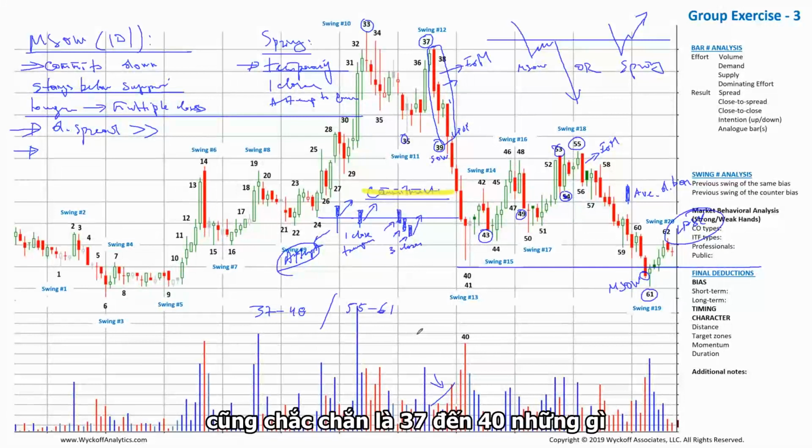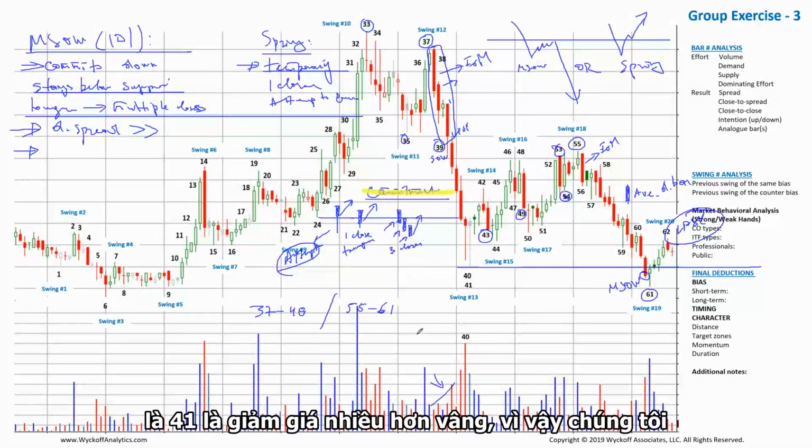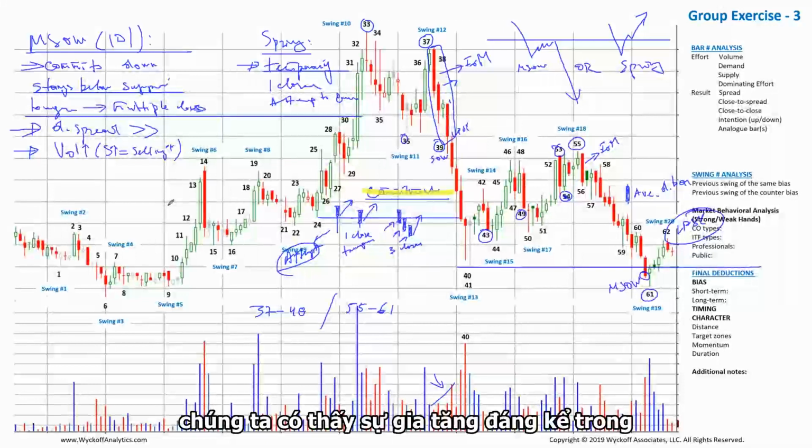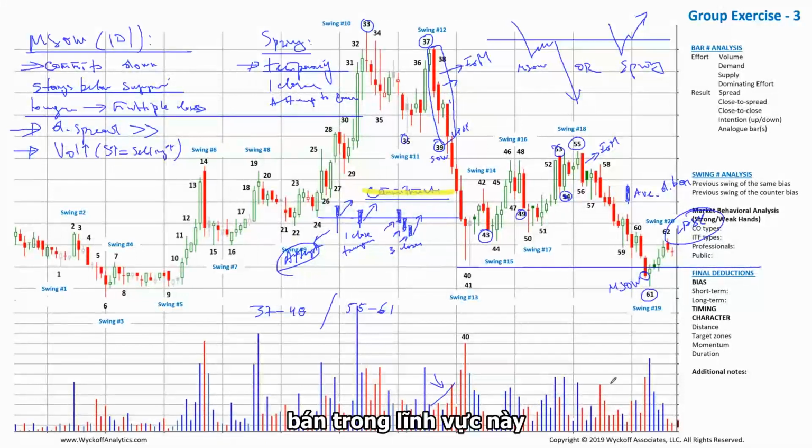Well, definitely the 37 to 40 is more bearish. So we want basically to see the volume increase on the major sign of weakness. Why? Because we want to see selling increase.